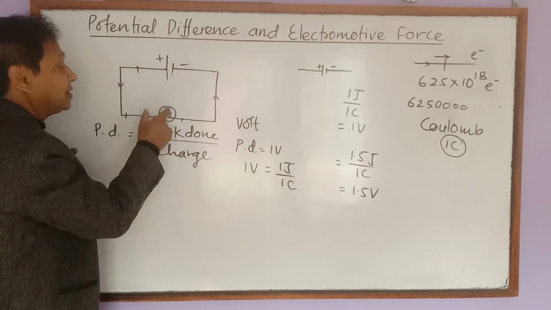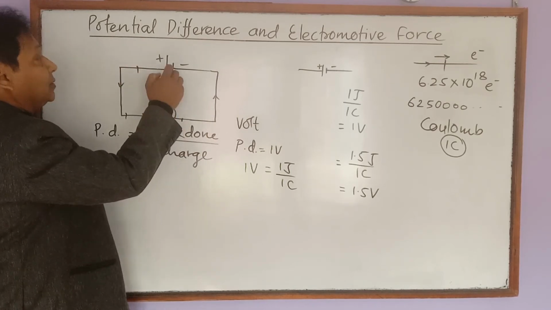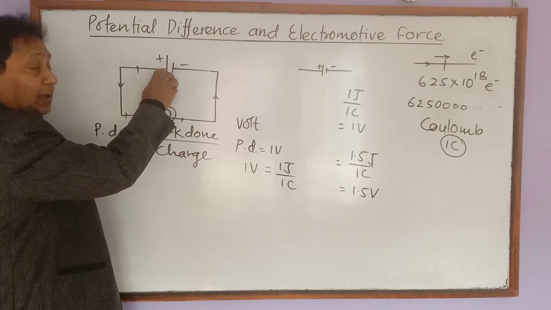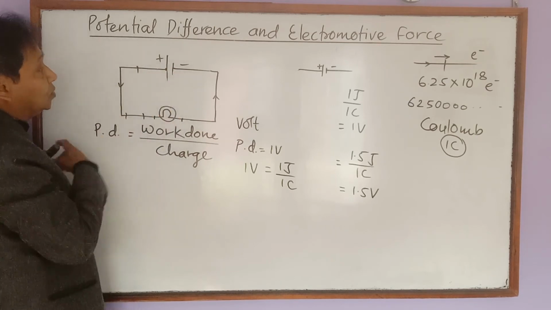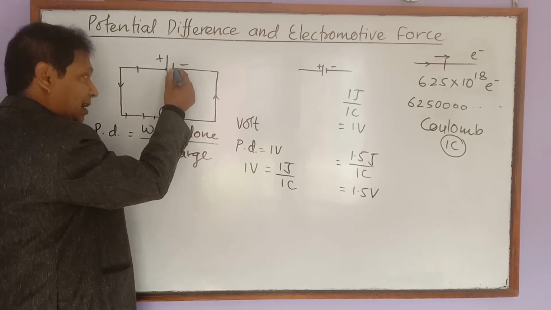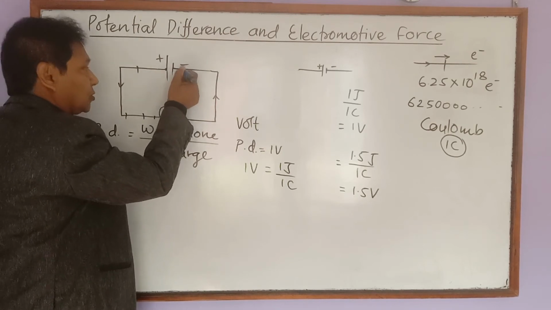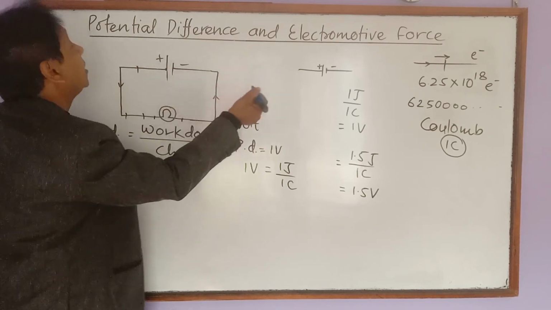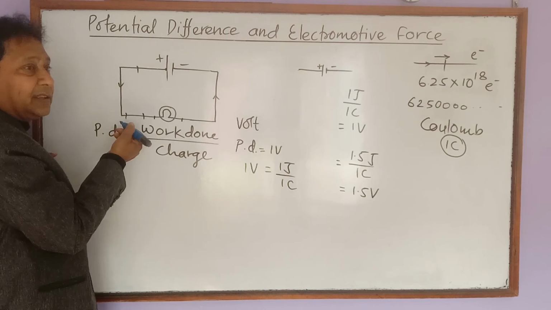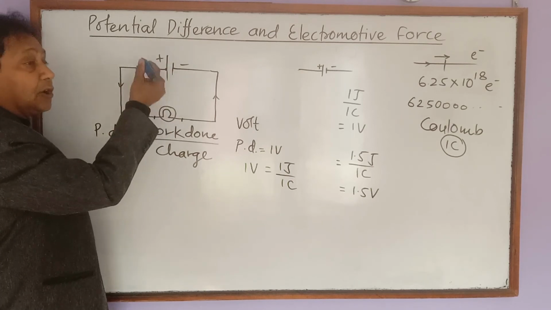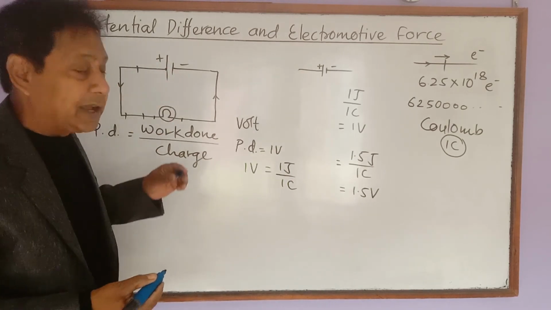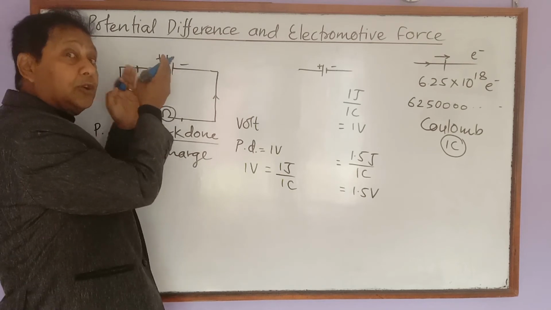Work is actually done in this bulb, and work is done inside the cell also, because when electrons flow from this negative terminal to positive terminal, or current flows from this negative terminal to positive terminal from the inner side, a certain amount of obstruction is offered by the chemical also. That's why a certain amount of work is also done here.